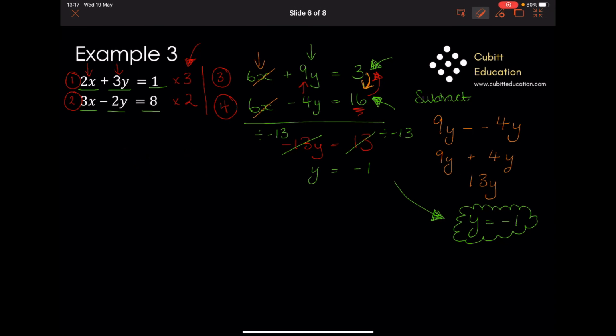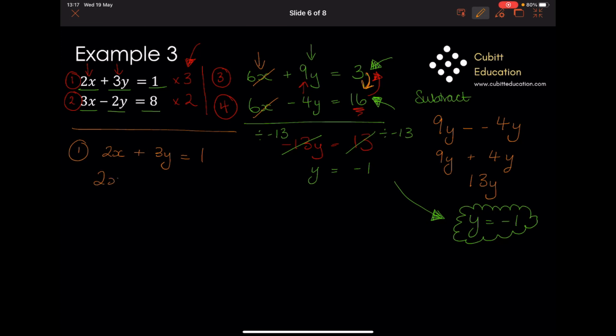So if y equals minus 1, I'm now going to work out my x value. I'm going to go back to my original equation, equation 1, 2x plus 3y equals 1, and put y equals minus 1 into that equation to work out x.